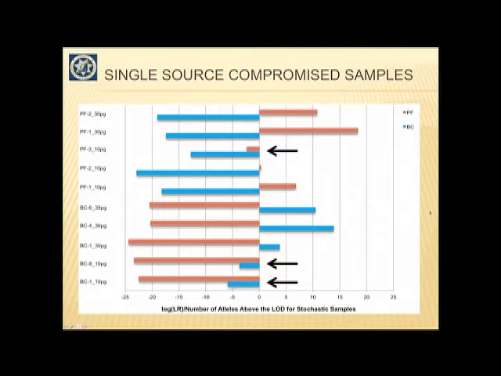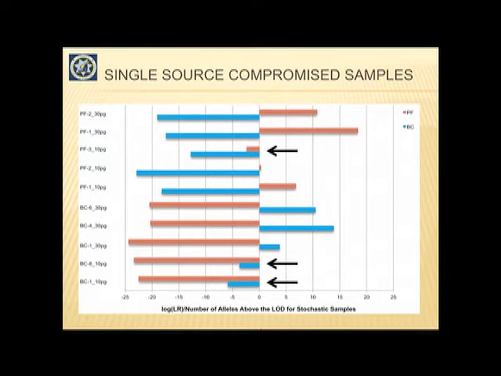Now, this phenomenon was observed again with the stochastic samples. And here I have 10 stochastic samples. The top 5 are PF, 2 at 30 picograms of input genomic template, and 3 at 10 picograms of input genomic template on the y-axis, and BC, another sample, 3 at 30 picograms of input template, and 2 at 10 picograms of input template.